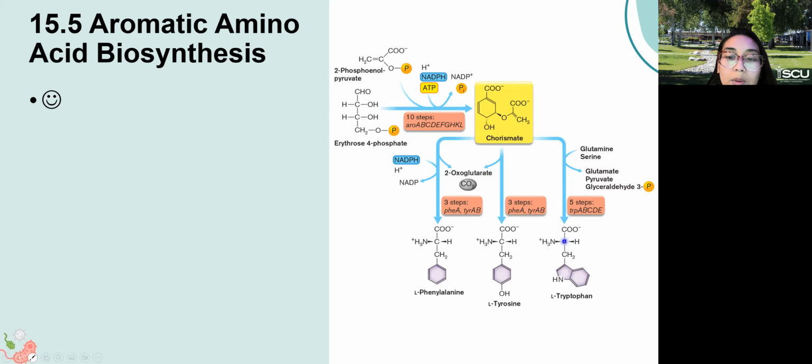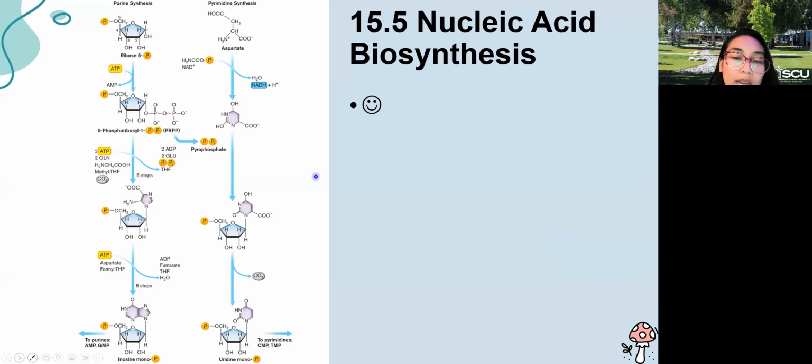And then the last one, nucleic acid biosynthesis. Again, there's a lot. But you should know that the purines are going to be your A and G nucleotides, so adenine and guanine. Those start off from ribose 5-phosphate, which again comes from the pentose phosphate pathway.